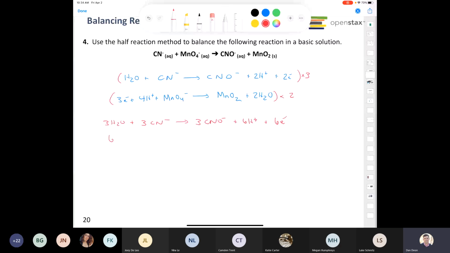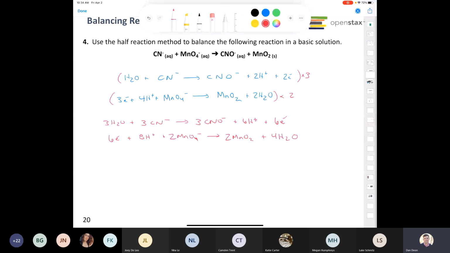The one on the bottom, I have 6 electrons plus 8 protons plus 2 MnO4 minus gives me 2 MnO2 plus 4 H2O.